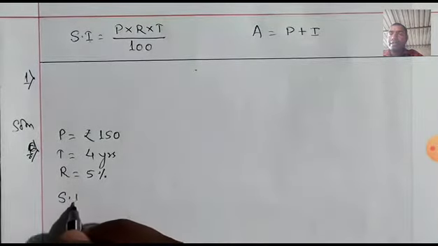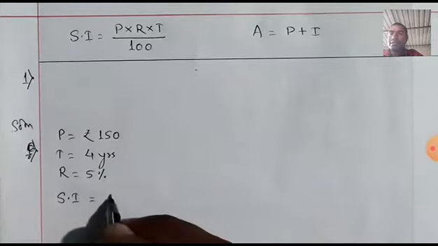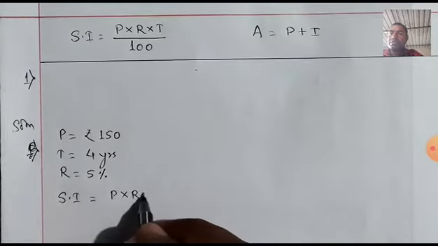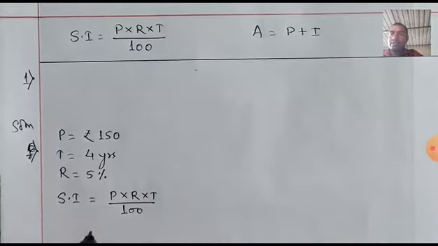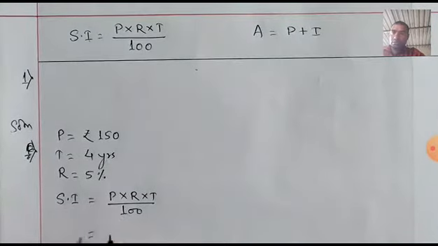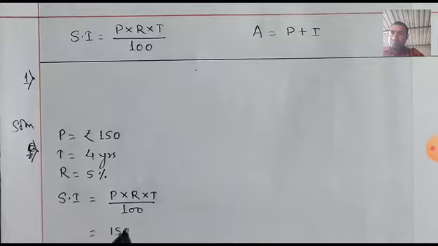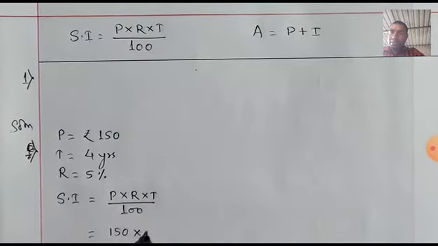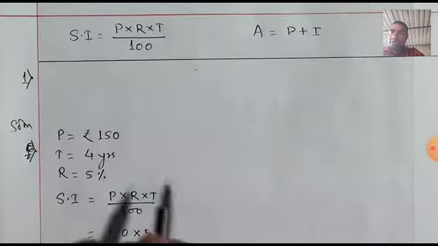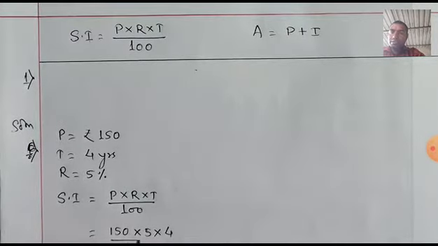Now first we will find the SI. So P into R into T upon 100. This is the basic formula. Principal is 150, rate of interest R is 5% and T is equal to 4 years, divided by 100.